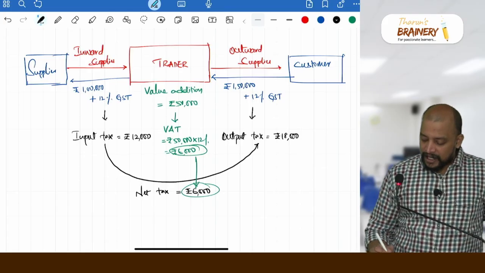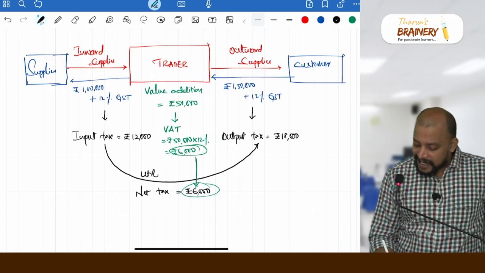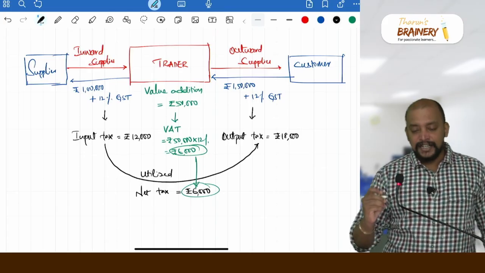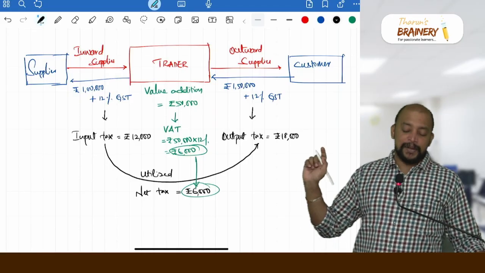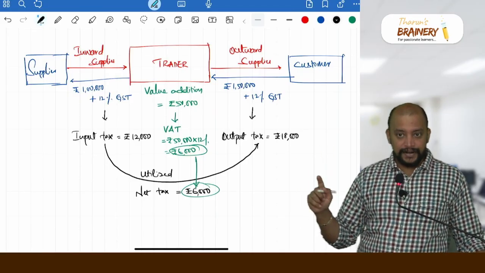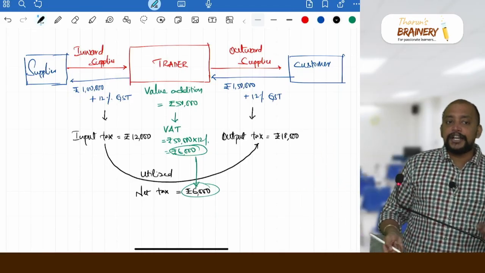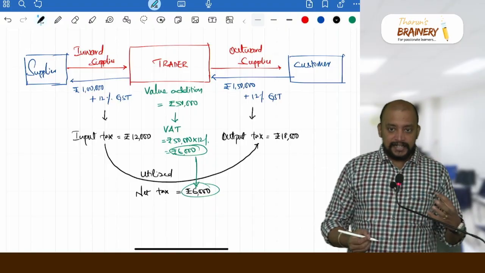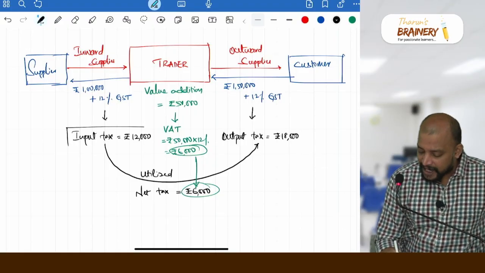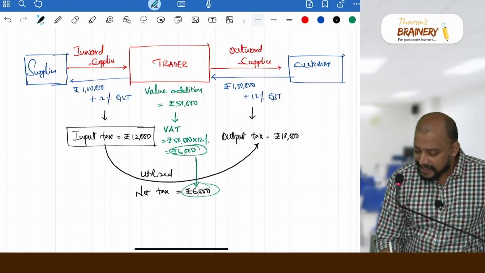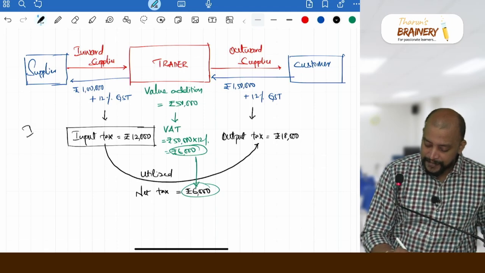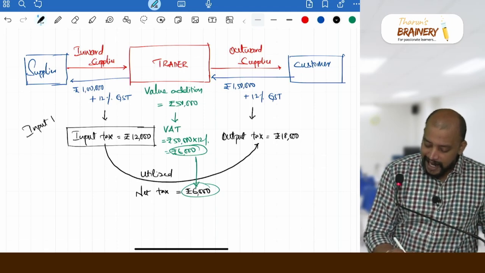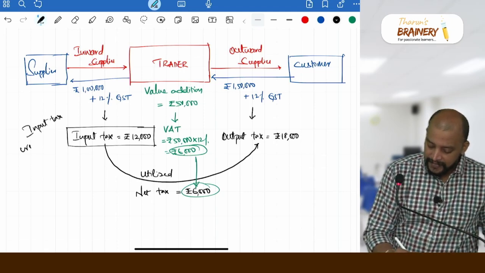Legally, it will be called as utilized. Input tax utilized for payment of output tax. And first they need to recognize this input tax. To recognize this input tax, we call it as ITC availed. Input tax credit availed.